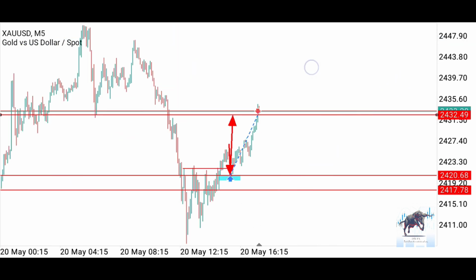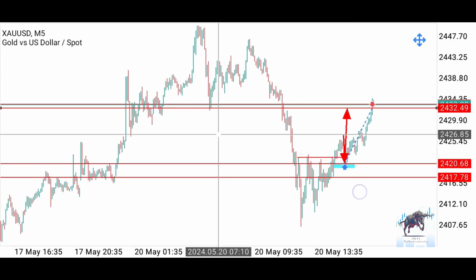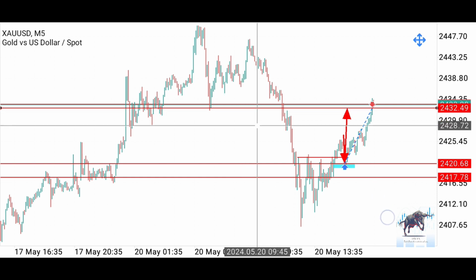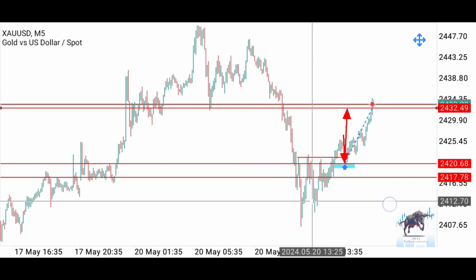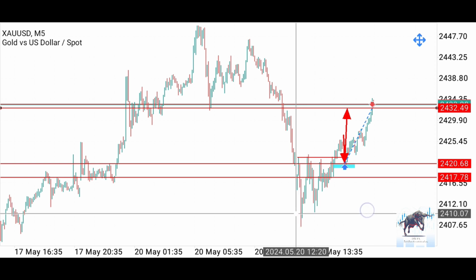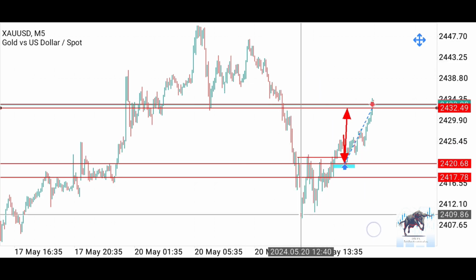Okay, there we are on the 5-minute time frame. Basically on the 5-minute, this is the retracement from the top, and as you can see, this pullback on that 1 hour impulse leg came down into equilibrium, right?